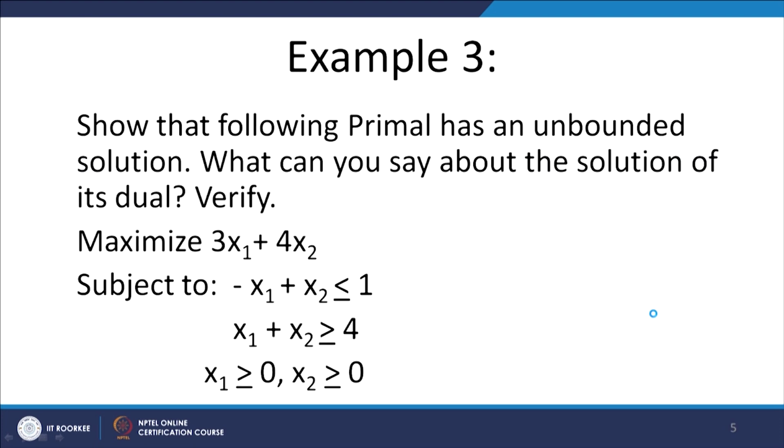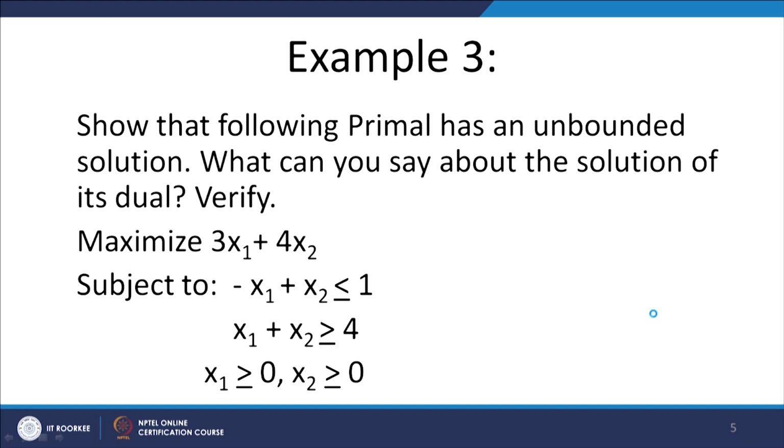So, now let us look at the third example. In this example, we are required to show that the following primal LPP has an unbounded solution, and also the question says what can you say about the solution of its dual using some of the theorems that you have learnt in this section.